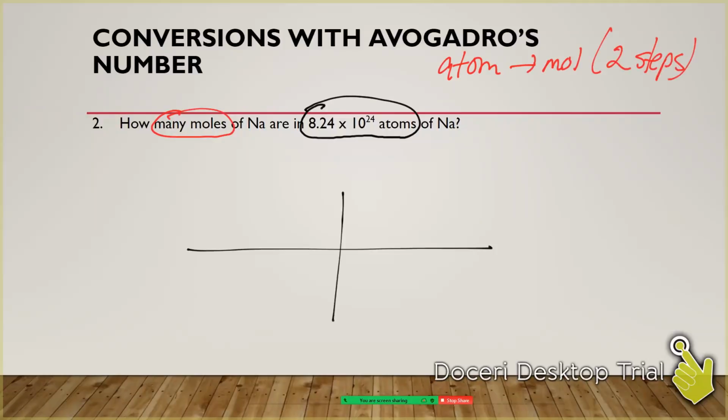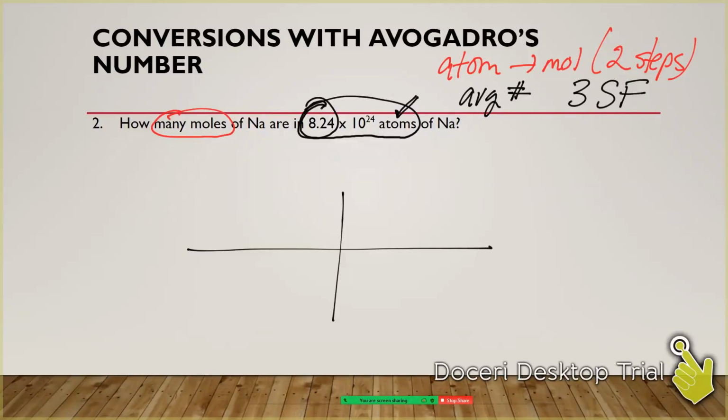That's the first thing I'm going to do: give myself 2 steps. I see a type of particle, atoms, so that tells me I need to use Avogadro's number. And when I get my answer, I want 3 sig figs, because only the coefficient portion of a scientific number counts.